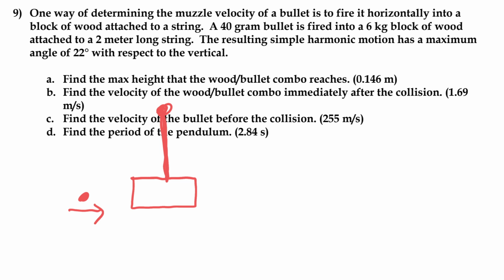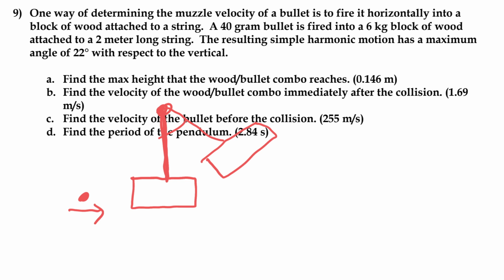And when the bullet hits it, this little block of wood is going to rise up here. And knowing that, we can figure out how fast the bullet was moving, actually knowing the angle that it moves at.